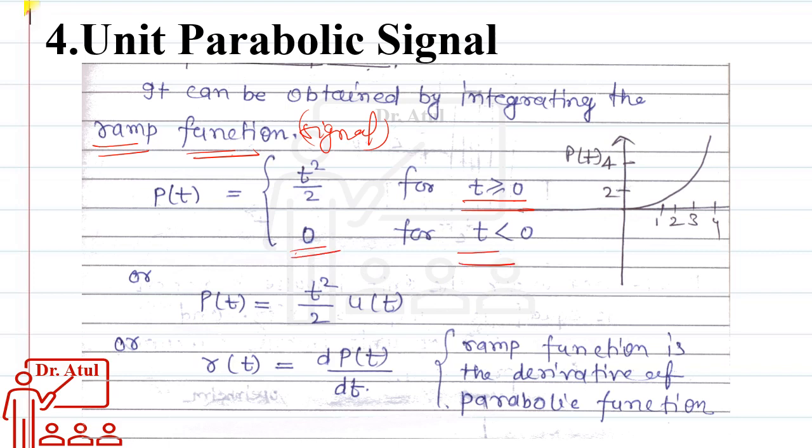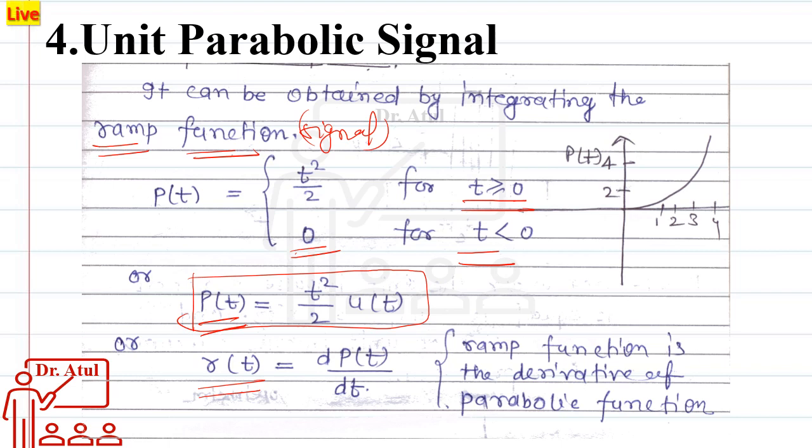So this t square by 2 is actually like y equal to x square, a parabola. Therefore, it is opened towards the y axis. And here it is equal to t square by 2 u(t), and the ramp signal is the differentiation of this parabolic signal.